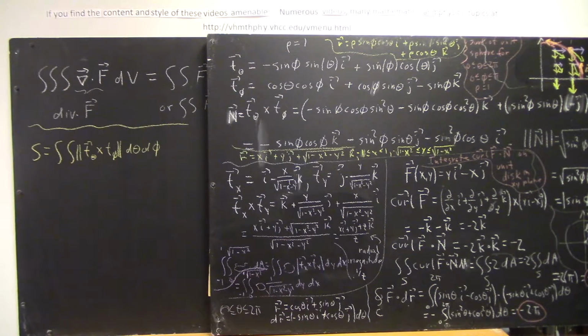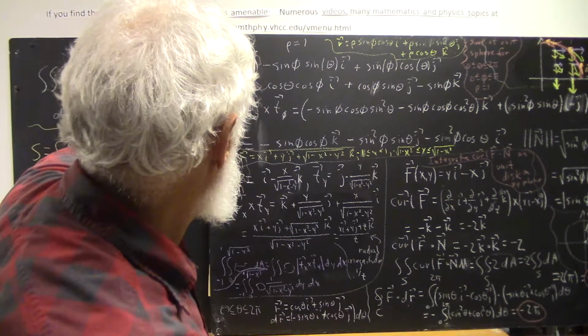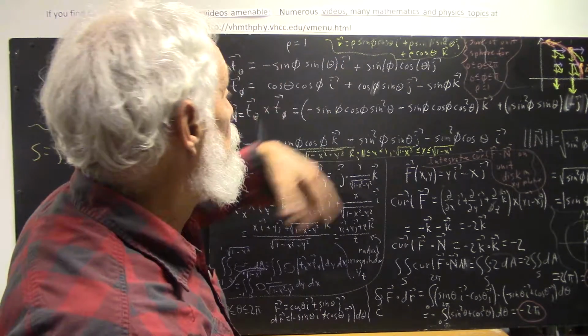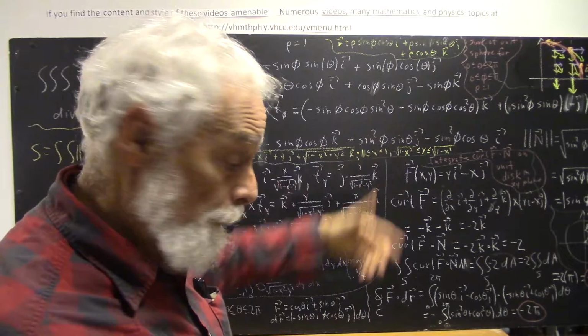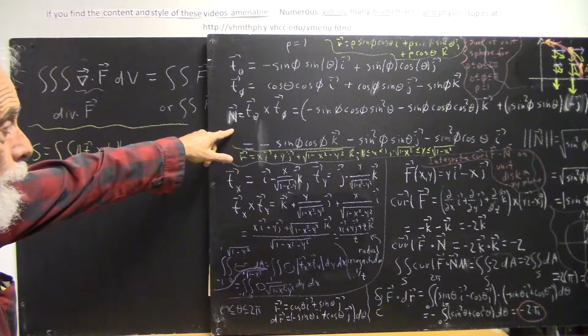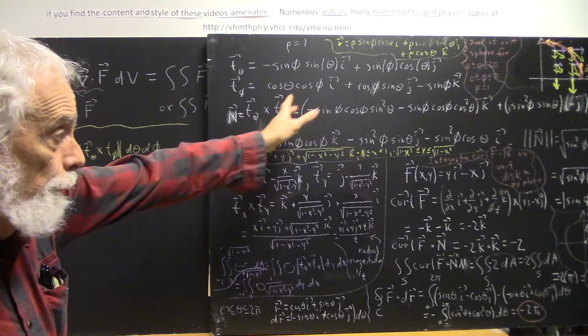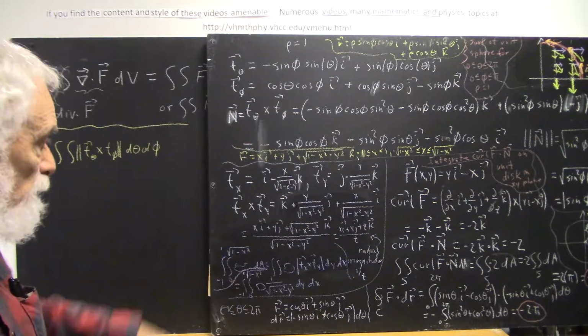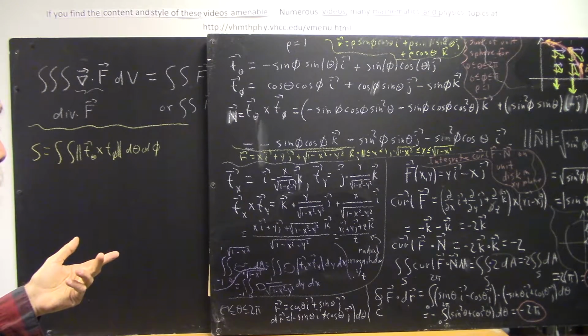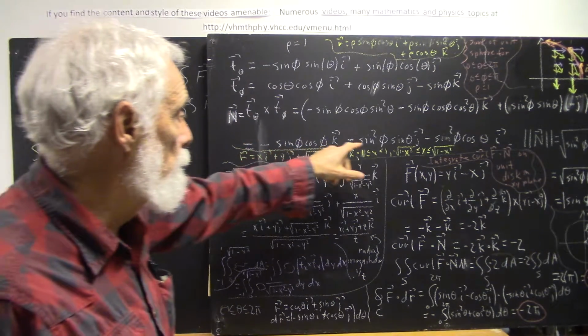Now recall that we had our parameterization T(theta, phi) of the unit sphere using the spherical coordinates theta and phi. We calculated our normal vector, T_theta cross T_phi, a fairly long expression.